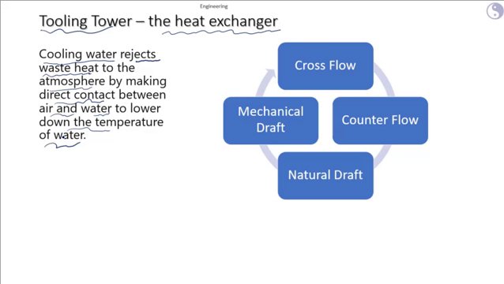So if the hot water from the condenser comes in contact with atmospheric air, then some amount of water is evaporated and the rest becomes cool, and that can be reused as cooling water. Depending on the principle used, it may be cross flow, counter flow, natural draft, or mechanical draft.